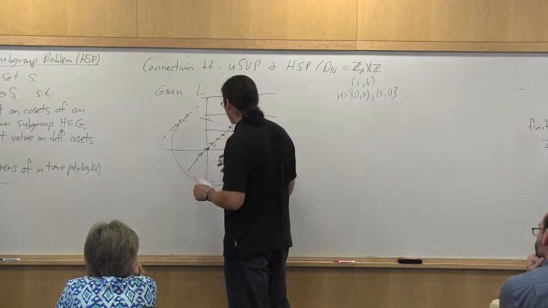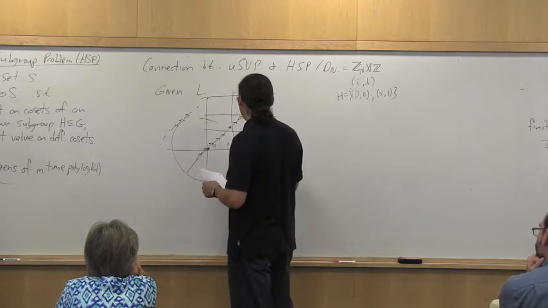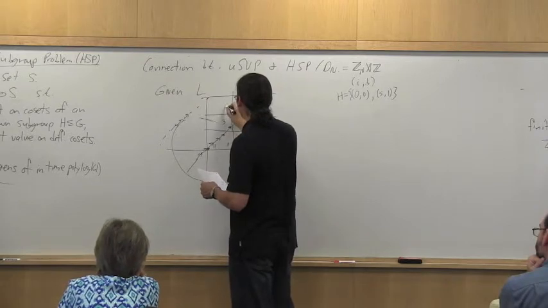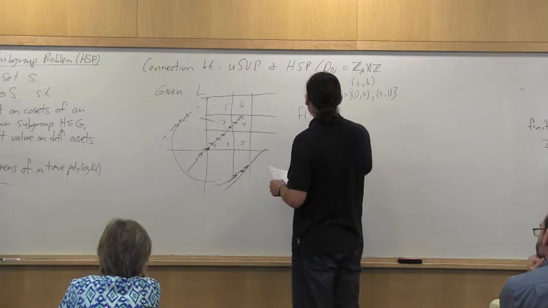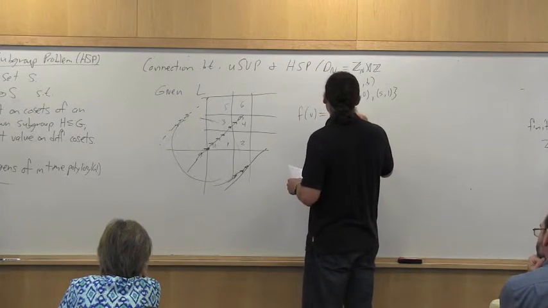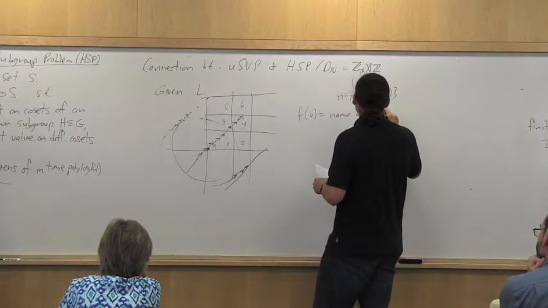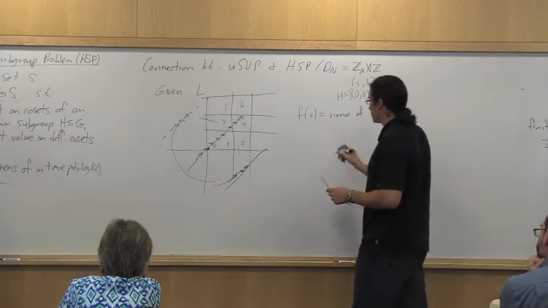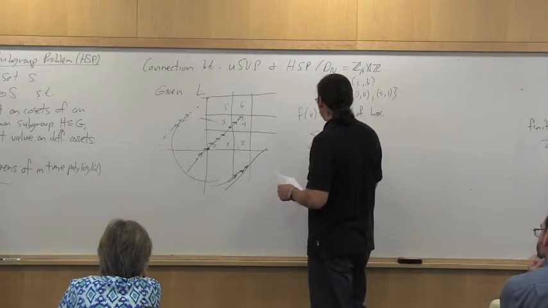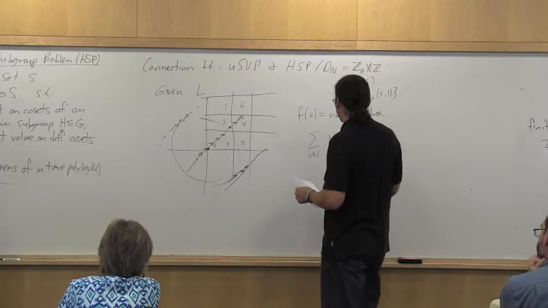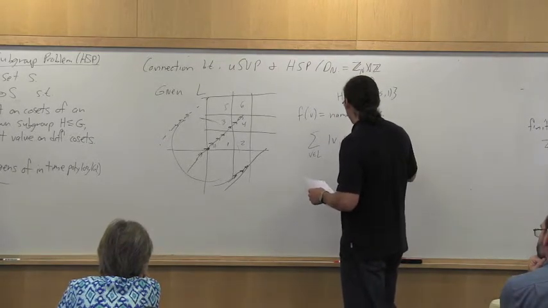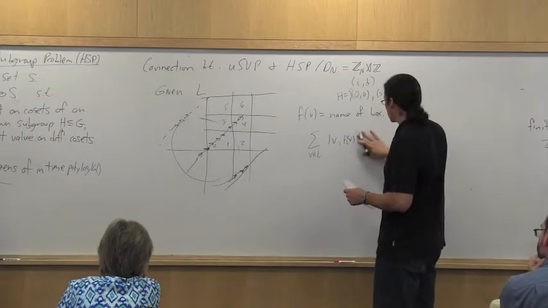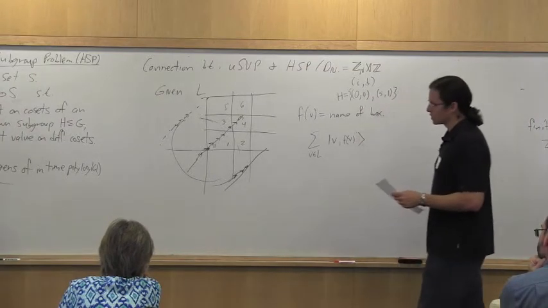So here's the shortest vector, it's u, and we just label these, doesn't matter how, just so that they're different values. So f of a lattice point says the name of the box. And then to create the state, you take a superposition over lattice points, and in the second register, you put the name of the box.